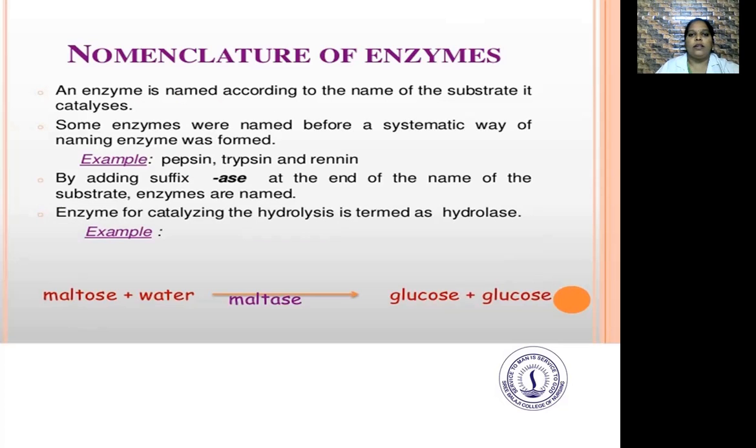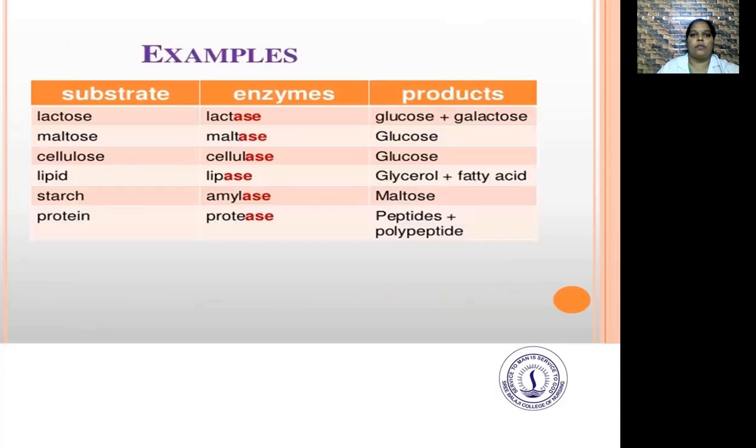By adding the suffix "ase" at the end of the name of the substrate, enzymes are named. An enzyme catalyzing hydrolysis is termed a hydrolase. Example, maltose plus water, maltase, which gives glucose plus glucose. Example, substrate, enzymes, and products.